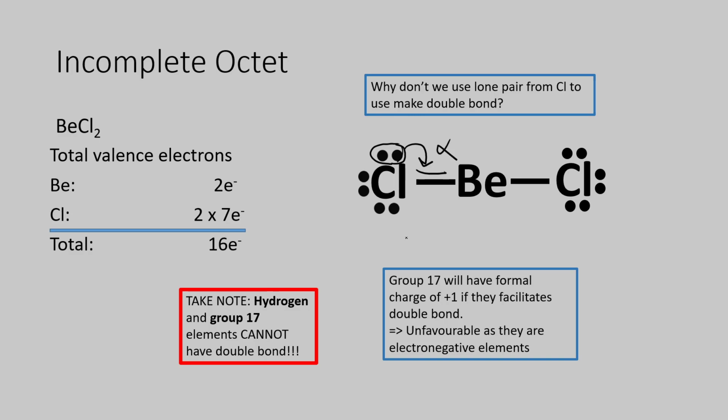It is unfavorable sebab bila awak buat macam tu, okay, contohlah kita ambil chlorine, kita buatkan dia double bond. Okay, jom kira dia punya formal charge. So untuk chlorine ada 7 valence electron. Okay, tolak number of lone pairs, which is dia ada 4, tambah half of bonding pair. So bonding pair dia ada 1, 2, 3, 4.